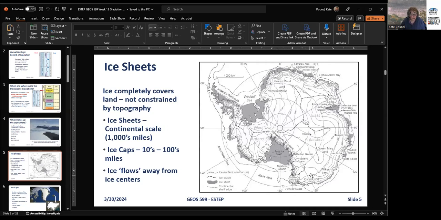There are also some places where there's bits of rock sticking up. So if we were to go over to Wilkes Land, and many other places, these areas of rock that stick up above an ice sheet are called nunataks. Anyway, large continental scale ice sheets, East Antarctic ice sheet, West Antarctic ice sheet.